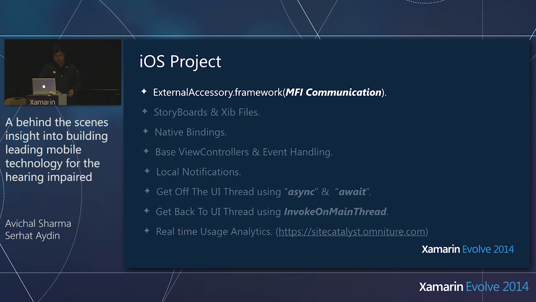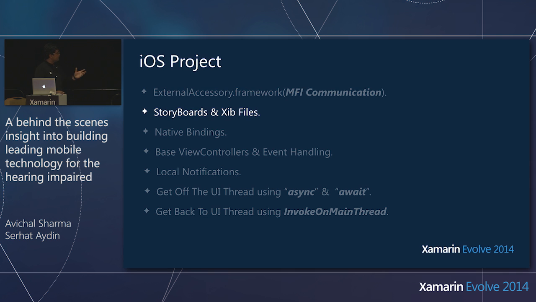For the iOS project, we use the external accessory framework, because this easyTek Bluetooth device also has an MFi chip inside it. It is made for iPhone. And for that, we went through the external accessory framework. We implemented the complete communication using that.